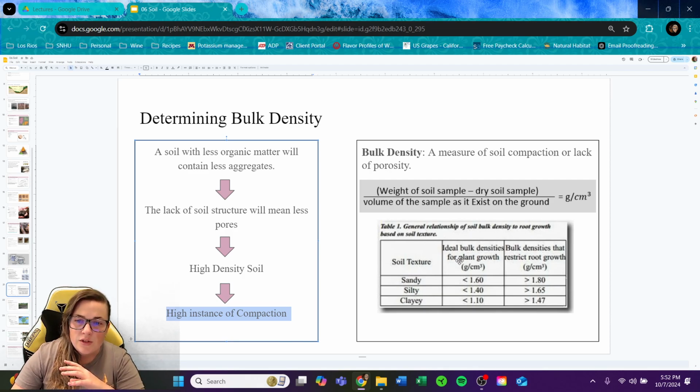So it gives you a range depending on your texture, right? And it gives you an ideal bulk density for plant growth. So if you're sandy, it needs to be below 1.60, but it cannot be above 1.80. So that is your range for health for that. And then for silt and clay, it gives you those numbers as well.